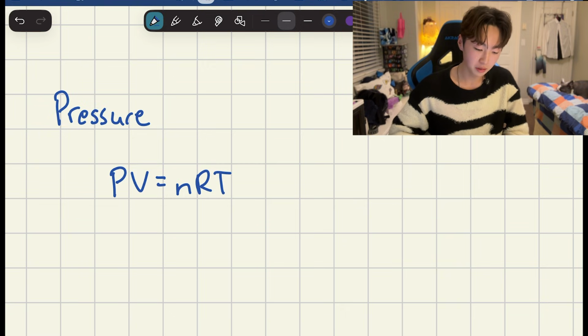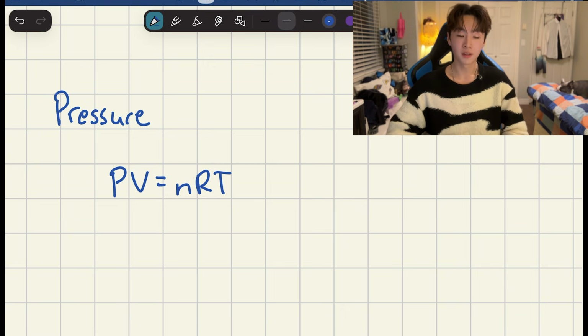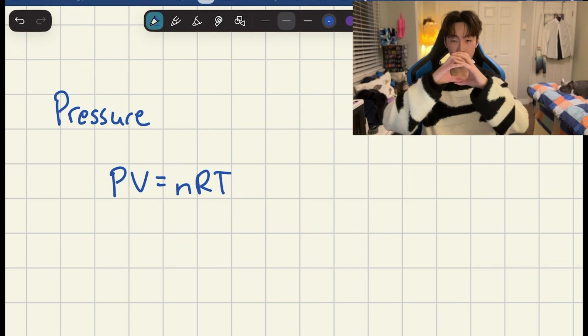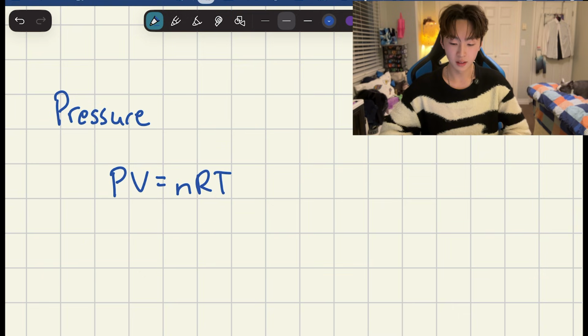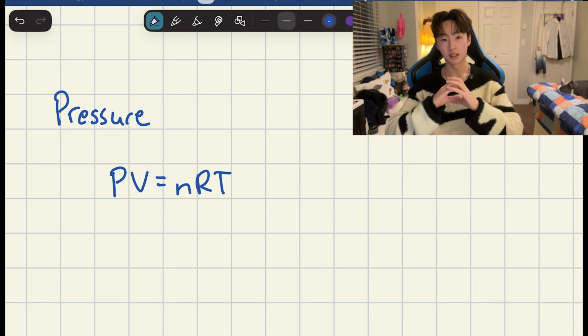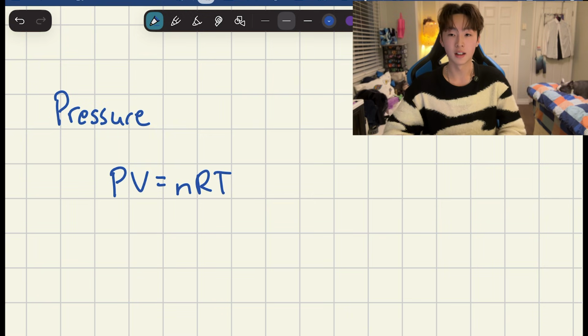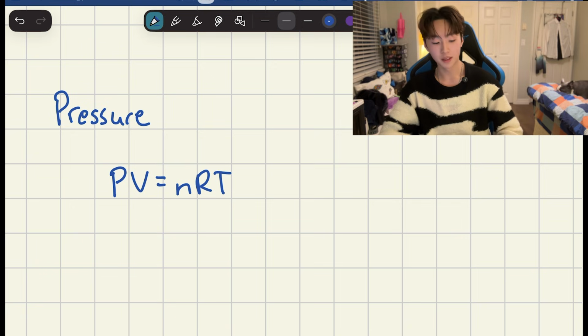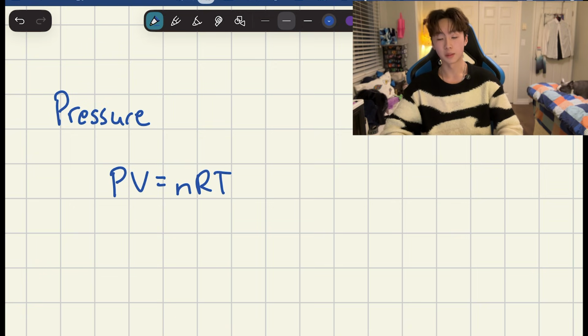So in order to increase pressure, you have to decrease volume. So you're going to take the gas and you squish it into a smaller space. And then similar to concentration, now you have a higher concentration of gases, which means you'll have more frequent collisions and then more frequent successful collisions. So you have a higher reaction rate if you increase the pressure.